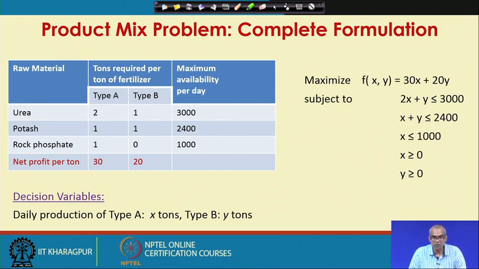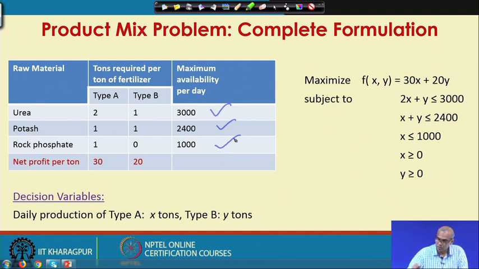So, the complete formulation is now presented here. So, maximize f equal to 30x plus 20y subject to 2x plus y less or equal to 3000, which is constant associated with availability of urea per day, x plus y less or equal to 2400, which is constant associated with potash, and then x is less or equal to 1000, which is constant associated with availability of rock phosphate.